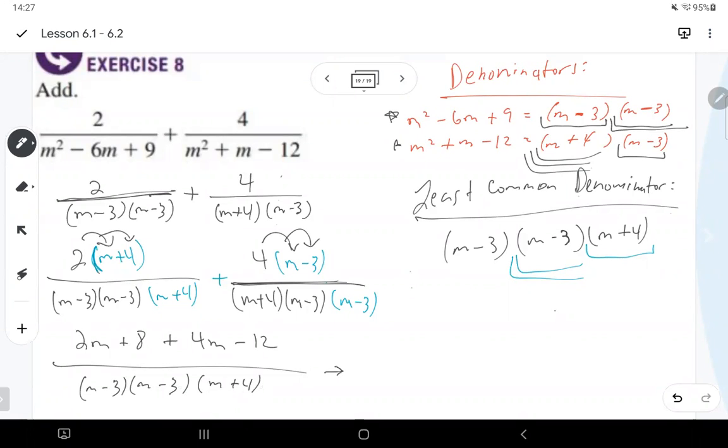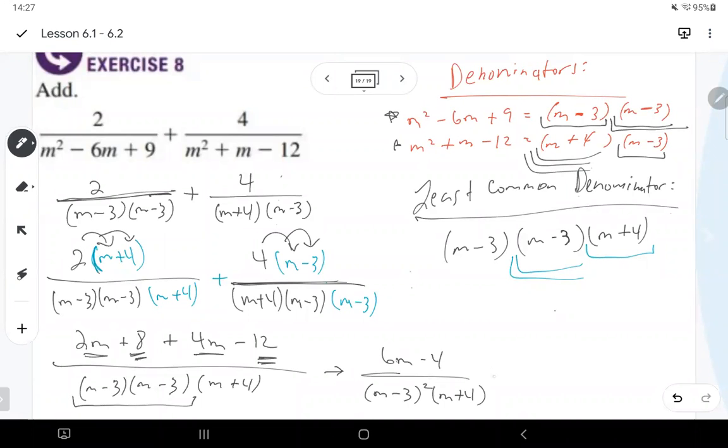Again, it doesn't matter the order as long as you have it all represented. 2m, 4m, 8, minus 12. It's going to give me 6m minus 4 over m minus 3 squared, m plus 4. Now I can square that because there are 2 of these here.